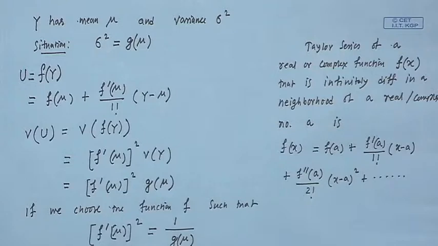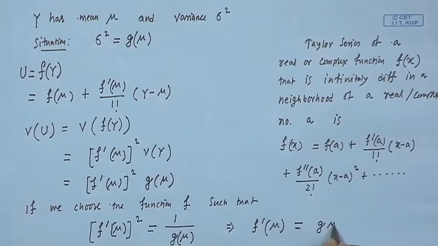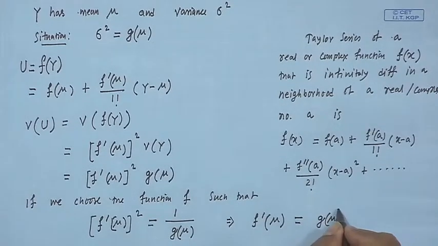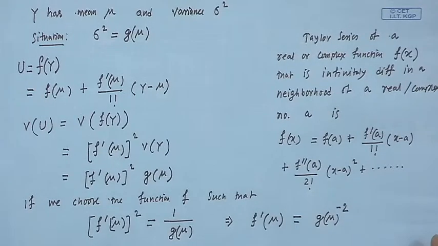This is equivalent to f prime(mu) equal to g(mu) to the power of minus half.